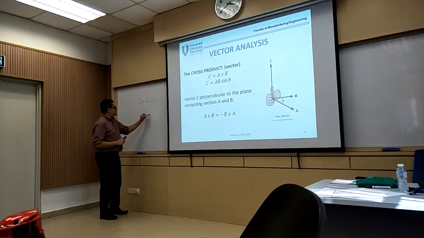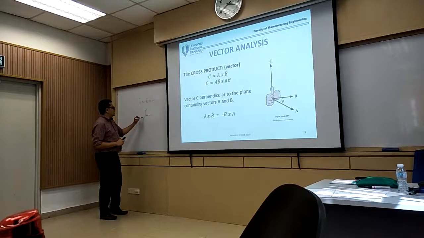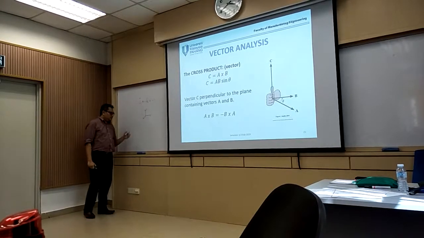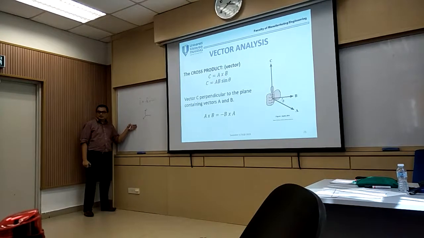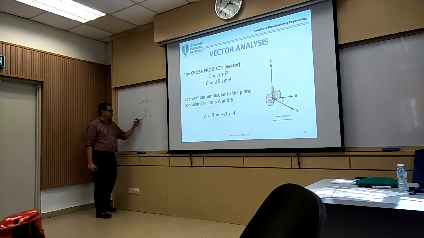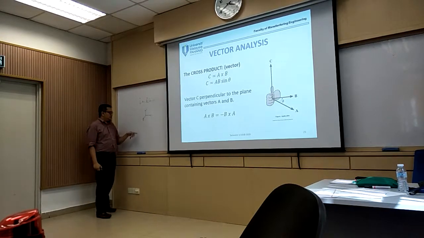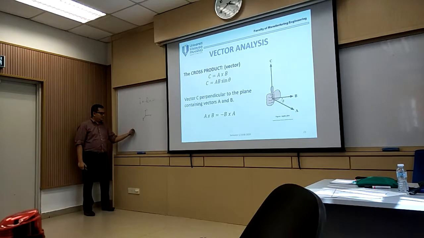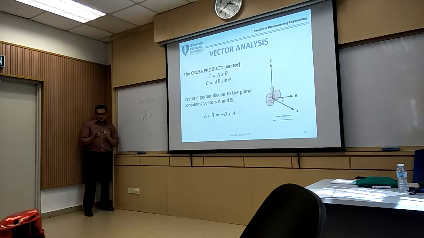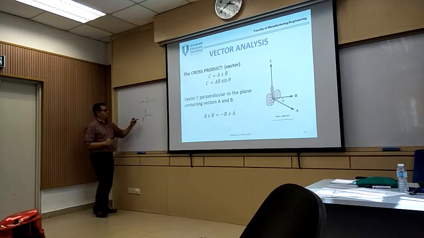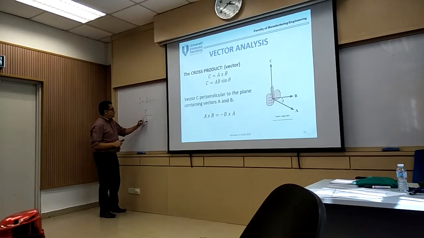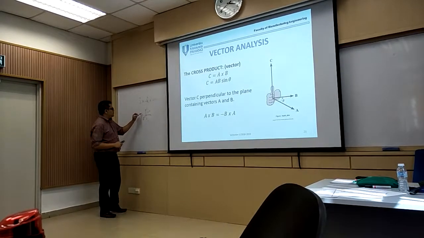Okay, so you just remember this. This is i, j, this is k, right? So i, j is in the plane, k is outside the plane. You draw like this, right? So it means this will be minus j, this will be minus k, this will be minus i.